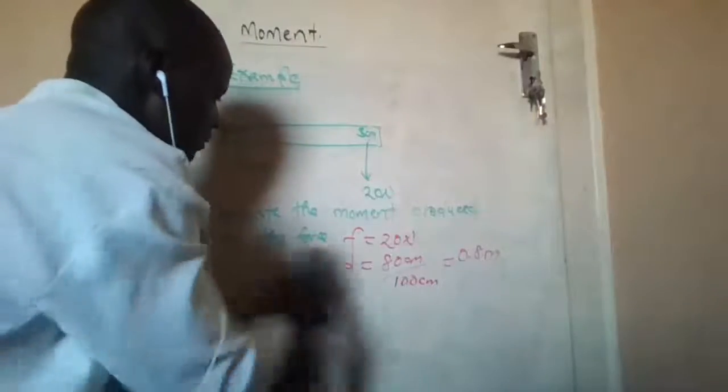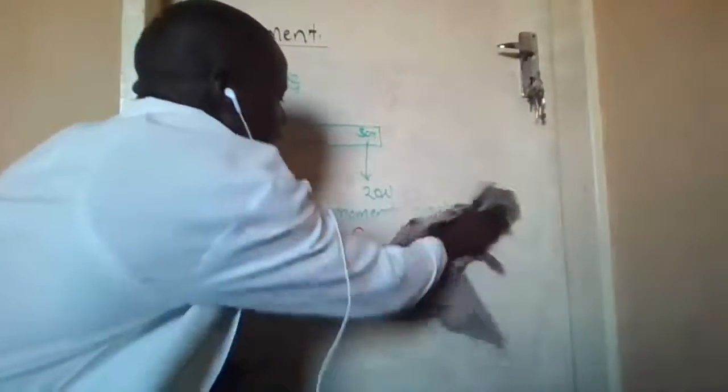If you can allow me to go back to what I was explaining: if we have a seesaw with the pivot in the middle, and two objects at either end of the base of an object, such as a meter rule.